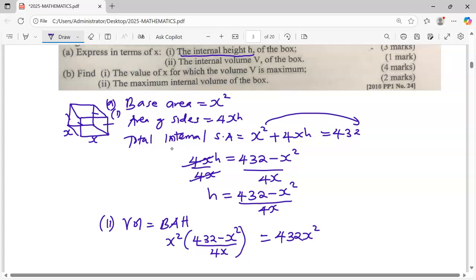Then x squared times x squared, we are going to have minus x power 4, divided by 4x. If you divide by x on both sides, this gives us 432x, because x squared divided by x gives us x, then minus x power 4 divided by x gives us x power 3, divided by 4, and that becomes the internal volume of the box, 1 mark.